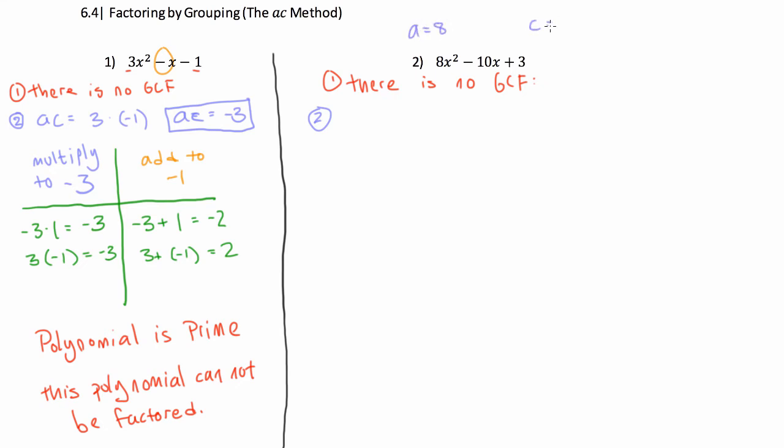My C is 3. So my AC is 8 times 3 is 24. And now I need numbers that multiply to 24 and add to negative 10.